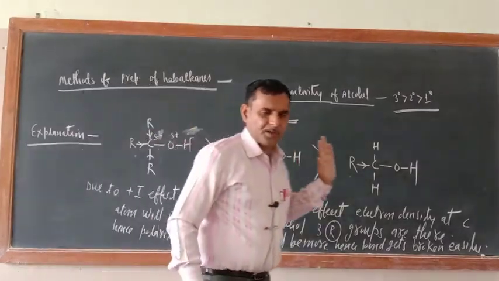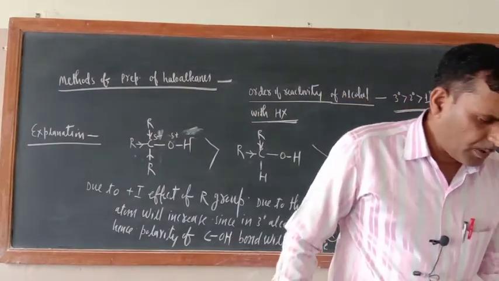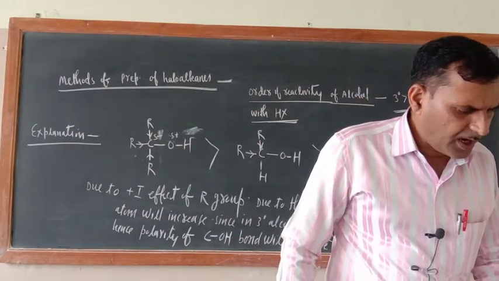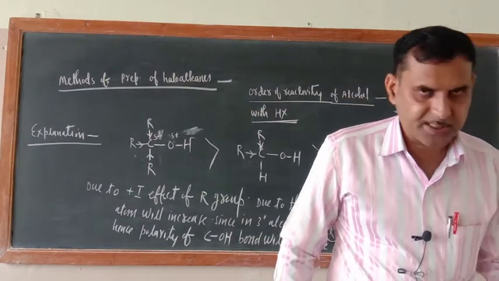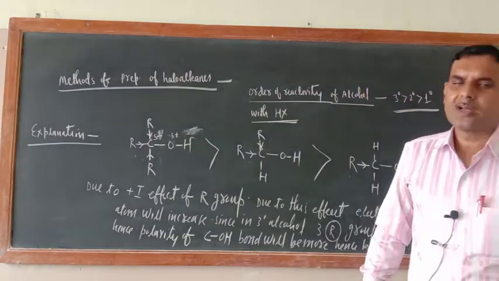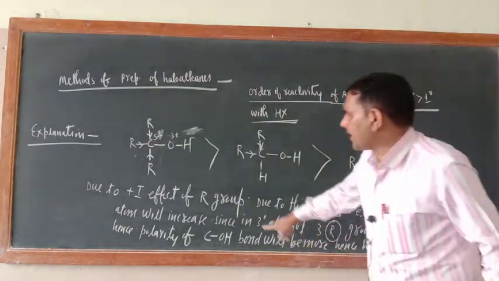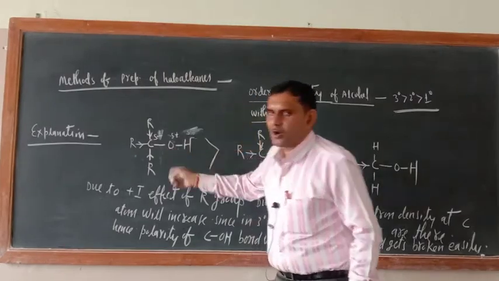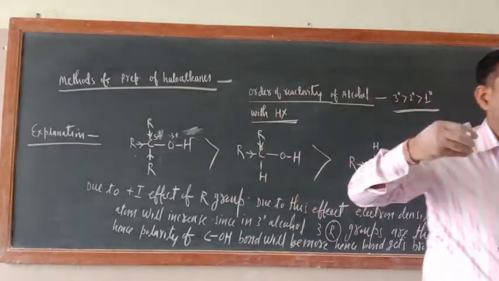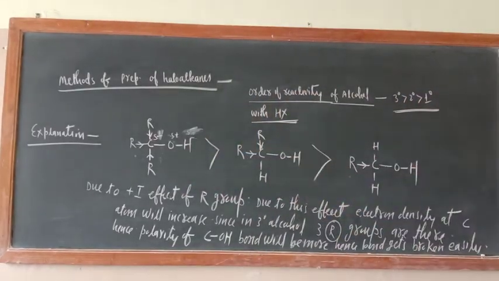One more thing is there, the function of ZnCl2. ZnCl2 facilitates the breaking of the C-OH bond. How? Actually it makes a coordinate bond, and that I will explain. In organic chemistry each and everything should be clarified, because anything can be asked.